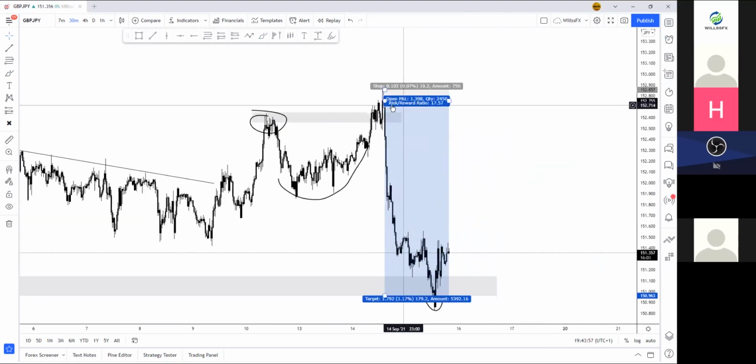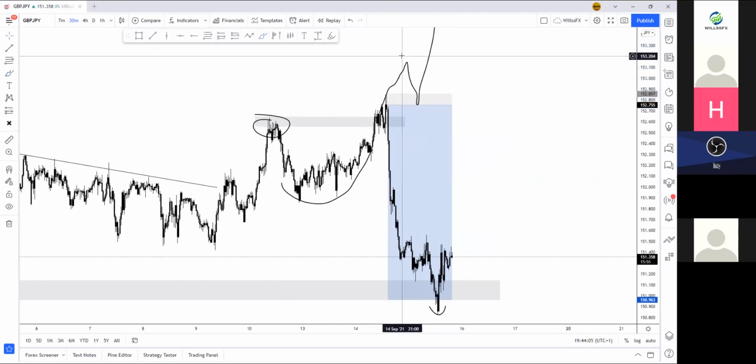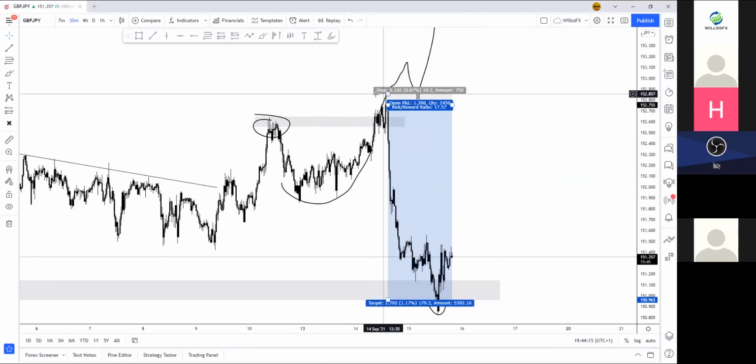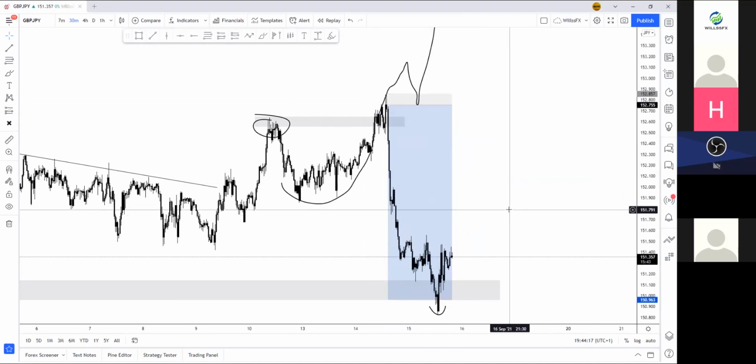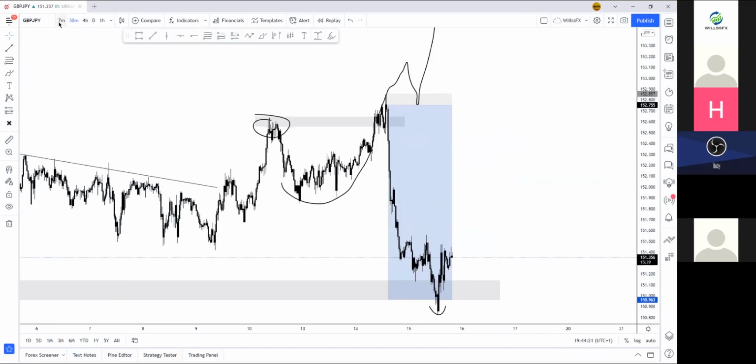So say price breaks above, carries on up, back down maybe, back up. You don't want to be in this trade holding out, hoping that it drops still. You want to know if it breaks this high, it wasn't a liquidity grab, I want to be out of the trade quickly. So that's why you've got a tight stop and a big take profit. You could have even scaled down and got an even tighter stop at this top area here.